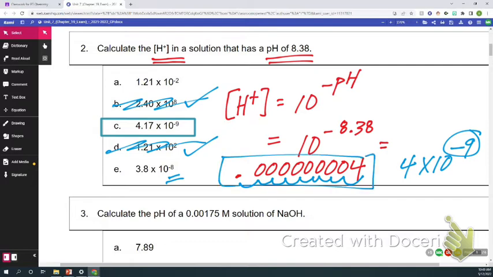Maybe your calculator gave you something closer to this. I don't know. But if it does give you that, don't worry, just move the decimal point slowly until you reach after the 4, until you reach after the number. And then the number you counted, if it's a small number, that's going to be a negative exponent, -9.